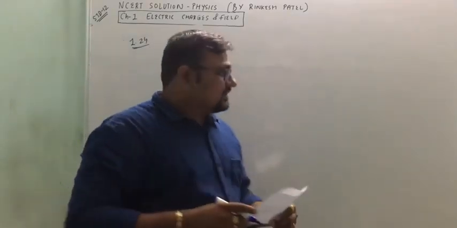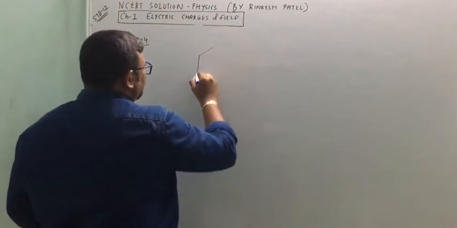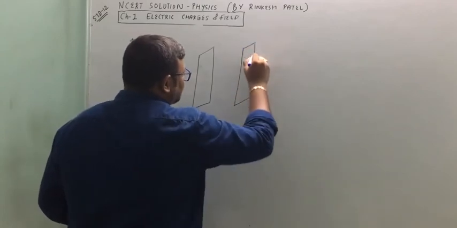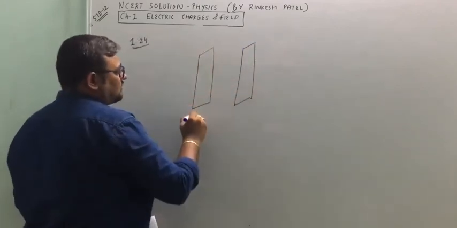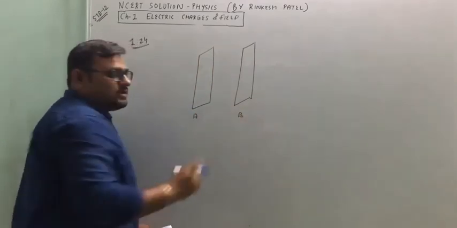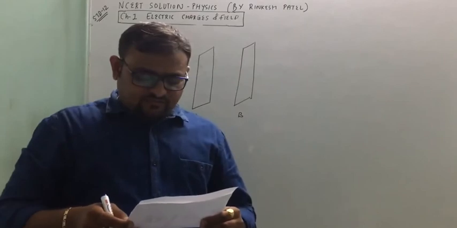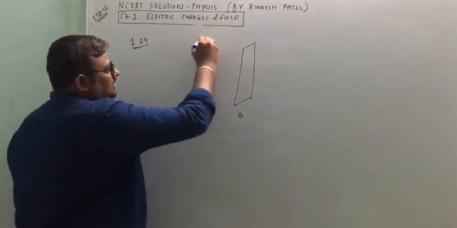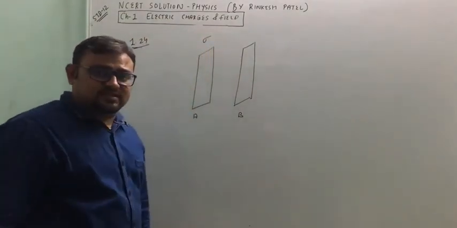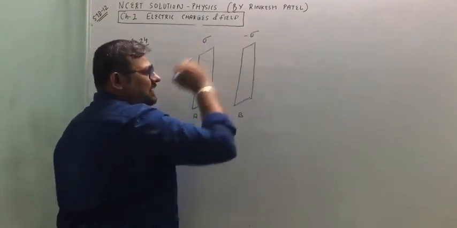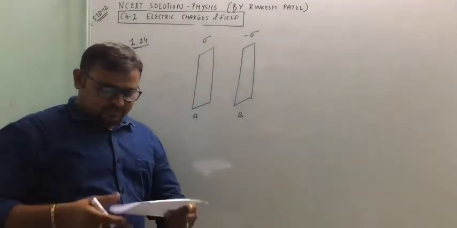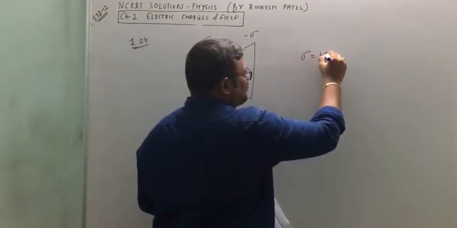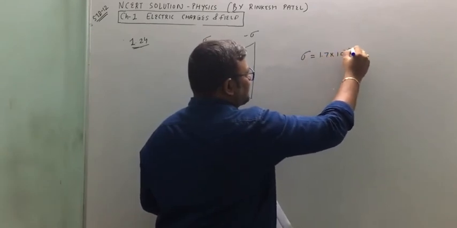Let's take plates A and B. On the inner faces, the plates have surface charge density of opposite sign. Here we will take the surface charge density as sigma, then here it will be minus sigma because it is given that both have opposite sign. And that is 1.7 into 10 raised to minus 22. Sigma is equal to 1.7 into 10 raised to minus 22.